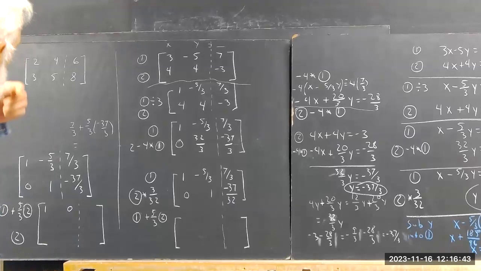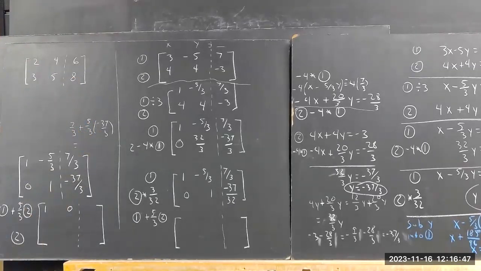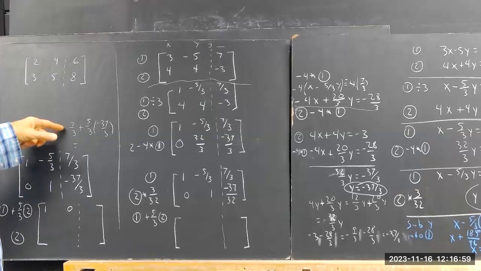Well, that's going to be negative 185 over 9. And that's going to be, losing track of my numbers, it's got to be 63 over 9.